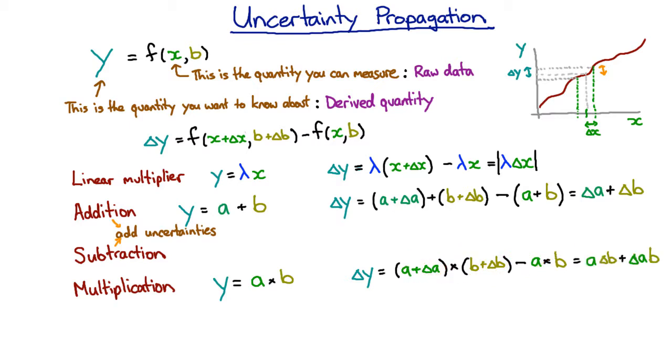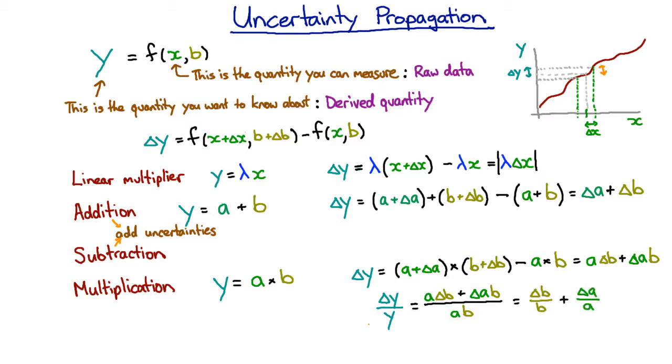And a good way to remember that is to divide both sides by y. So if we have our error in y divided by y, that's going to be what we just worked out, divided by our definition of y in the first place. And so we've got 2 terms here, and so when we have the first term, the a's are going to cancel, and the second term, the b's are going to cancel.